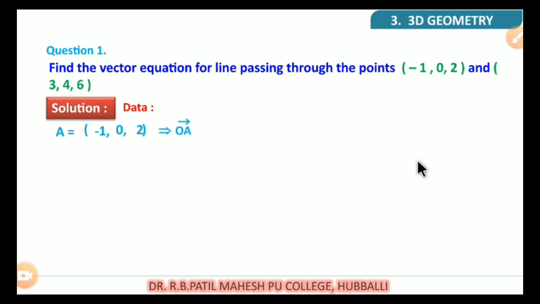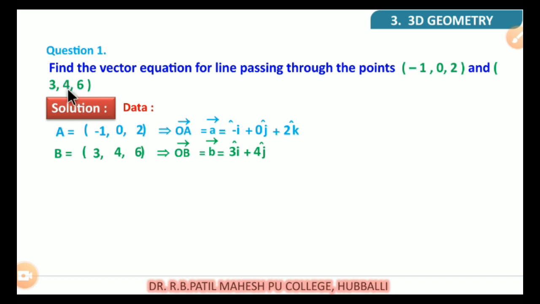Therefore vector OA is equal to vector a, that is equal to -i plus 0j plus 2k. The second point can be taken as point B, which has the coordinates 3, 4, 6, which implies vector OB is equal to vector b, that is equal to 3i plus 4j plus 6k.